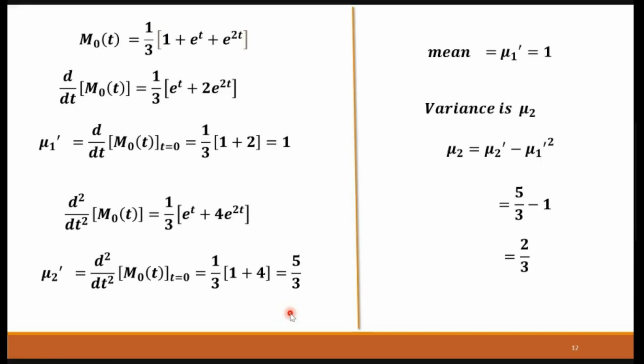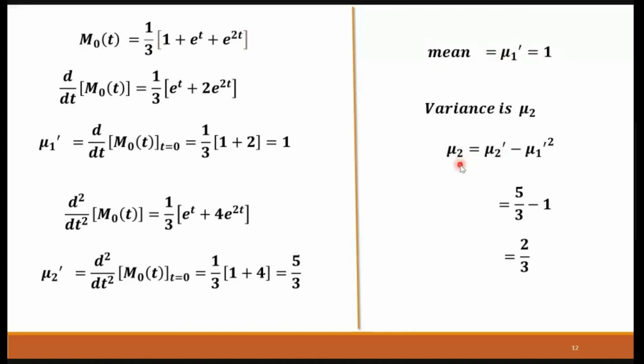So first raw moment gives you the mean. The second central moment gives the variance. First raw moment gives the mean, about the origin I'm talking about. And the second central moment, mu2 is the central moment. mu1 dash is the raw moment. So पहला जो raw moment है, that gives you the value for mean.